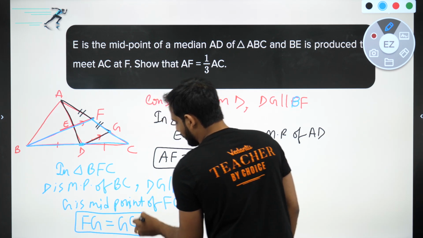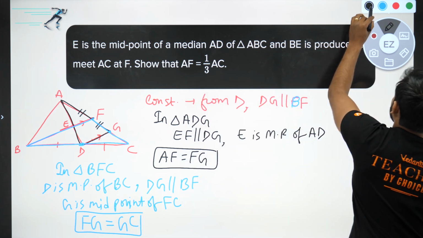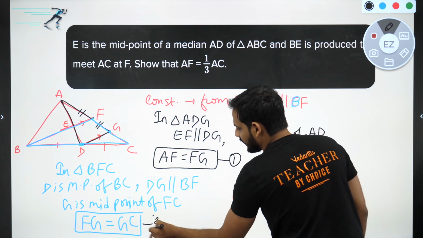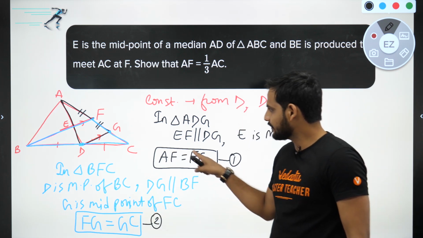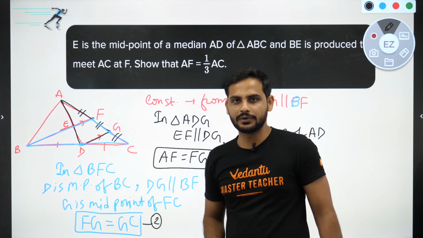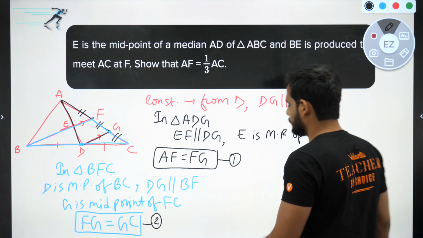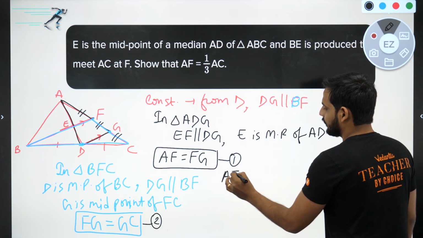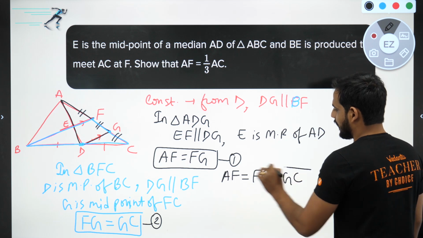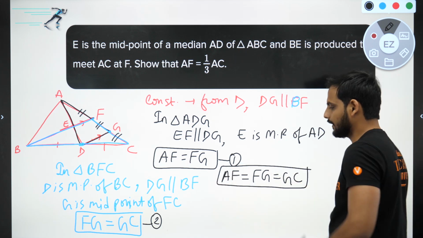So this was your first equation and this is your second equation. AF is equal to FG and FG is equal to GC. That means all three are equal: AF is equal to FG is equal to GC, by combining equations 1 and 2.